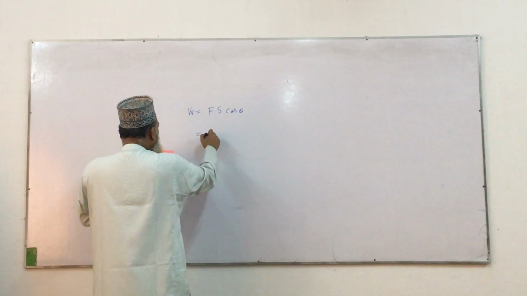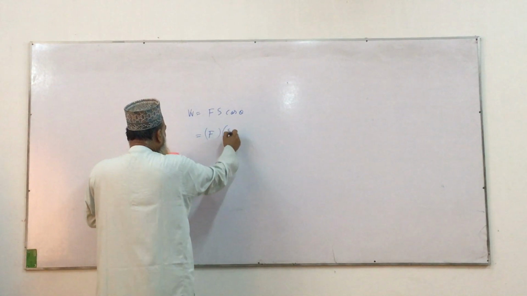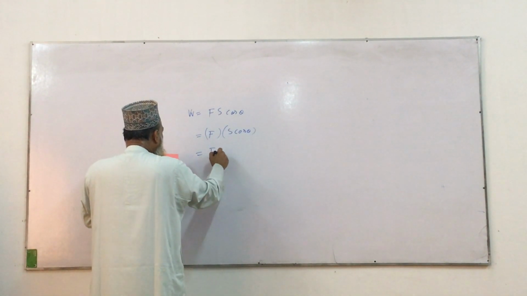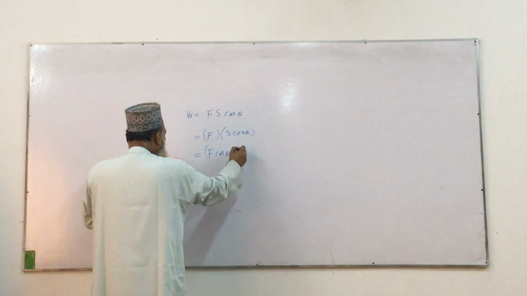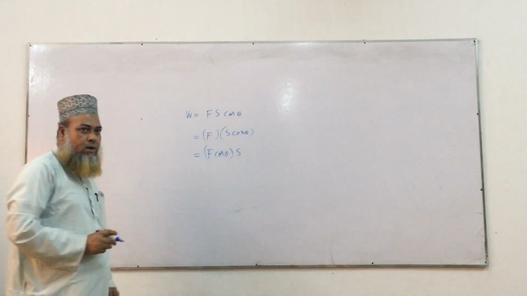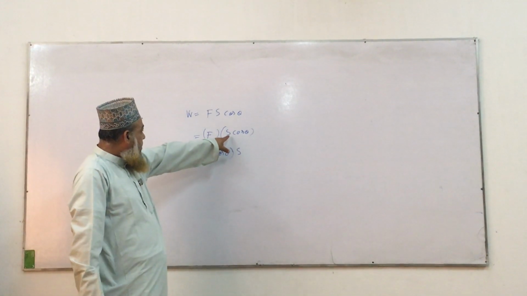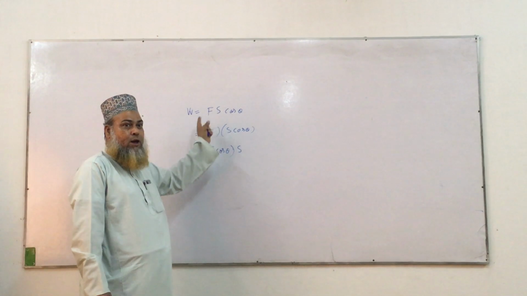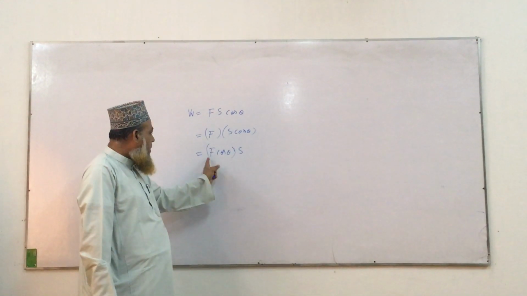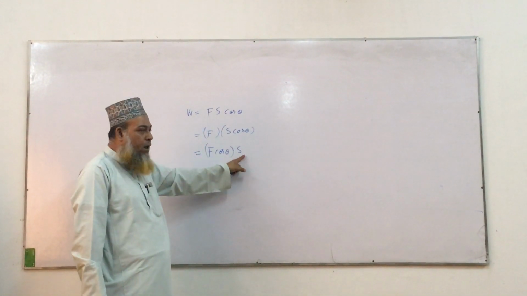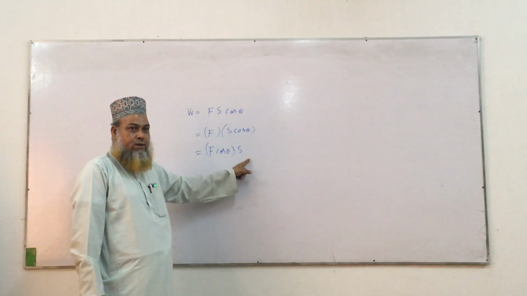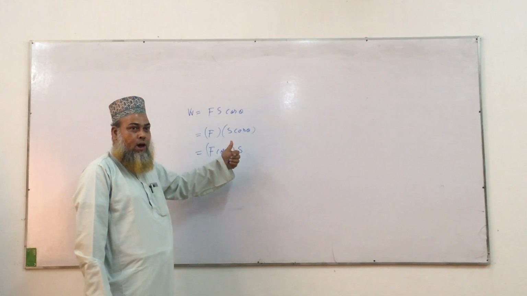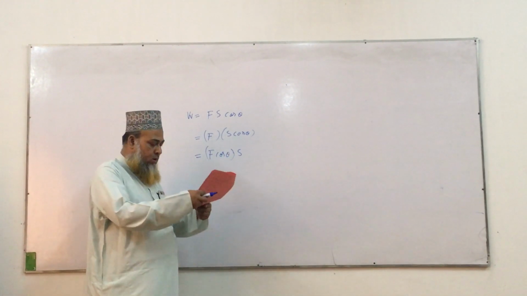You can write F multiplied by S cos theta, or you can write F cos theta multiplied by S. That means take the component of displacement along F and multiply it by F, or take the component of F along S and multiply it by S. In these two ways, you can compute the work.